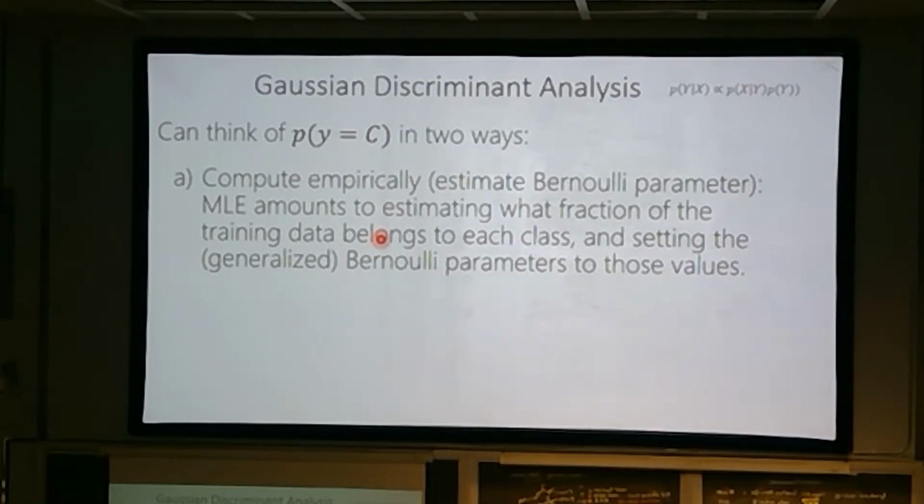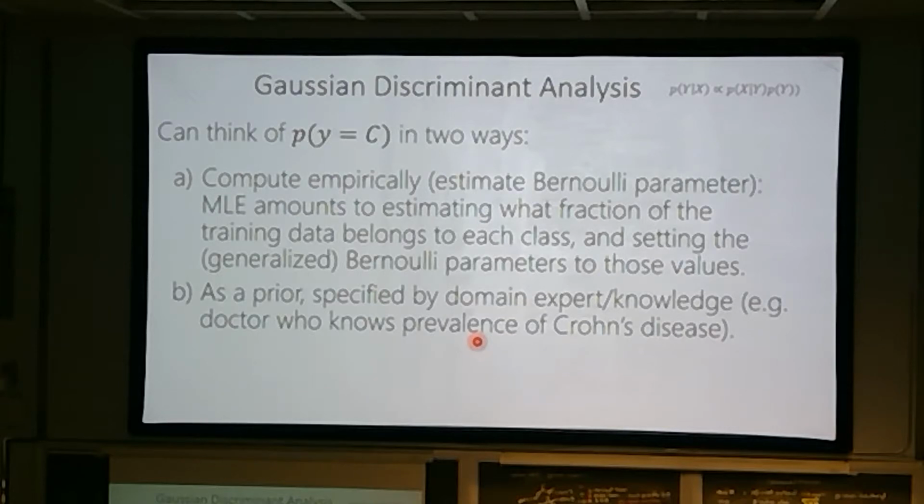If a third were dogs and 2/3 cats, set it accordingly. The other thing you might do is specify it with prior knowledge. Maybe you're working with a physician who knows the prevalence of some disease versus another disease. You ask, out in the big population, what is the prevalence of this thing, and you set it that way.